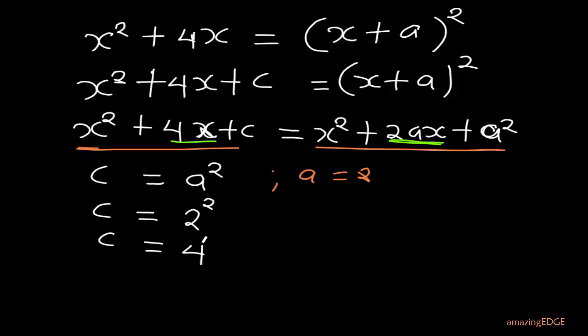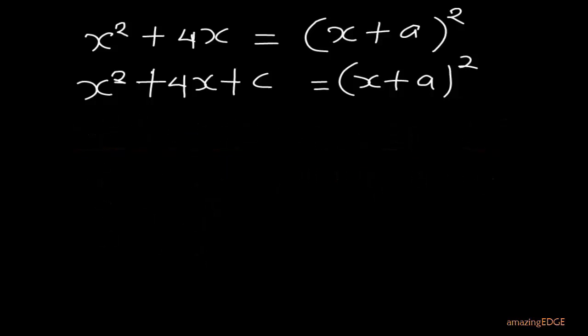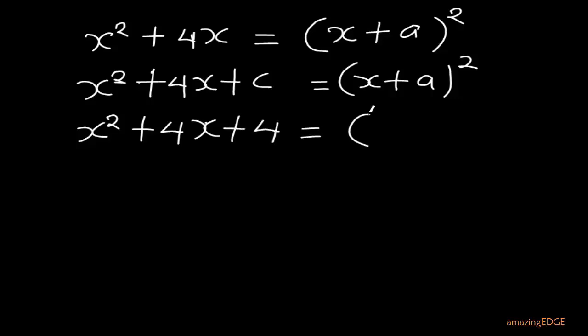I have my a equal to 2, my c equal to 4. So I can now substitute. I have x squared plus 4x, and my c is 4, so I have plus 4. Then here I have x, and my a is 2. So this is a perfect square. So I have made this part a perfect square.